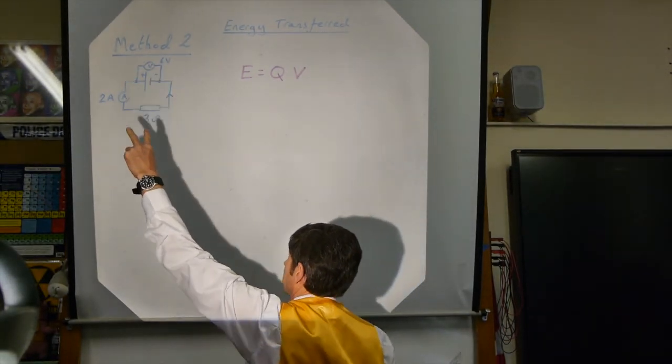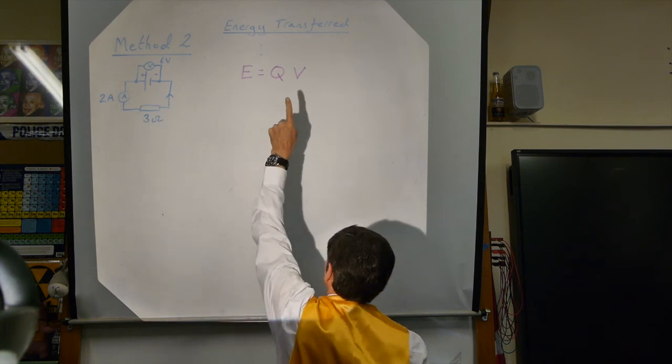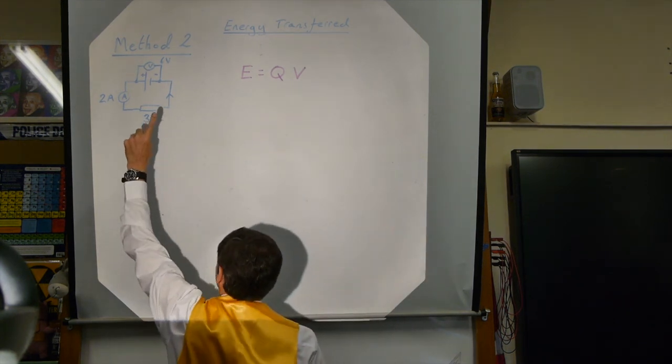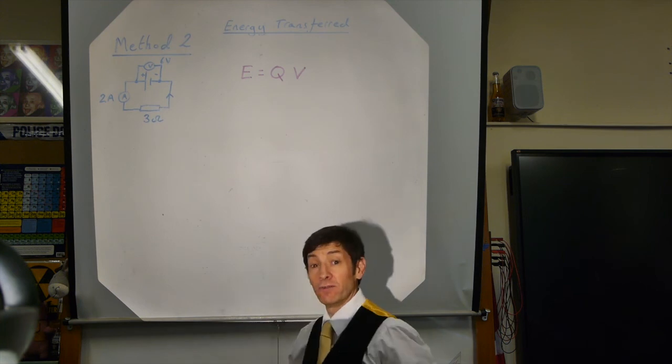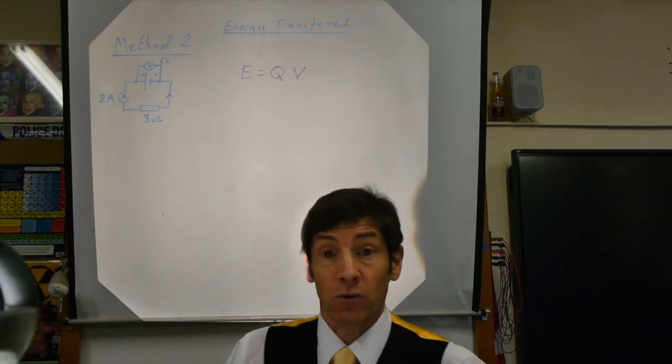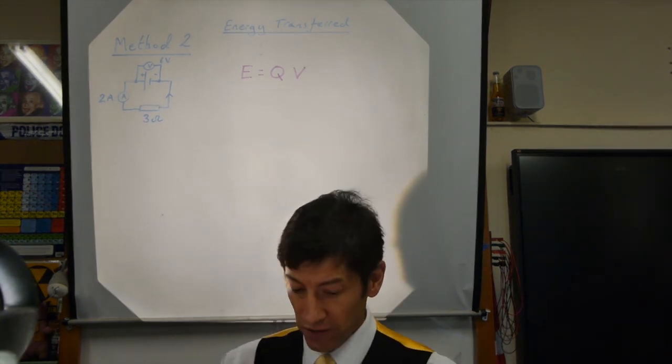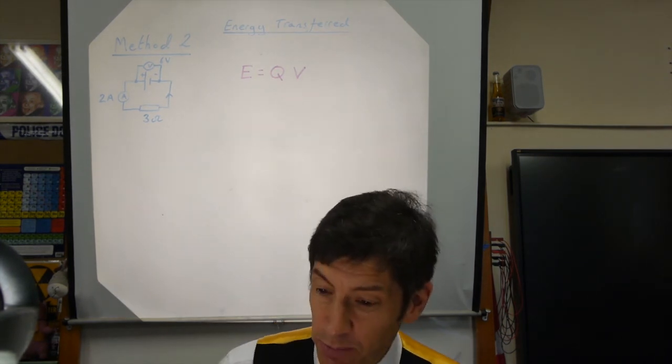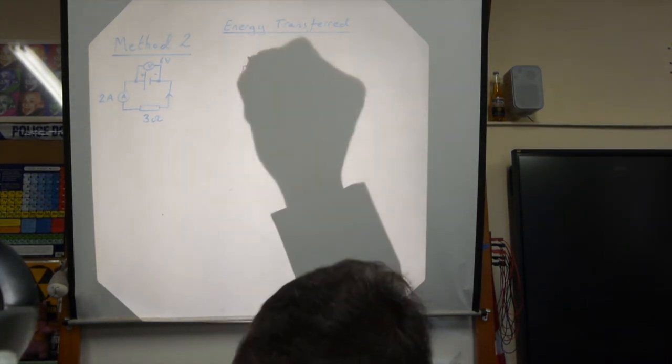So in this case, it's going to be 6 volts across the resistor. It's the potential difference across the item you're looking at. Okay, so we've only got one thing in this circuit. So E equals QV.